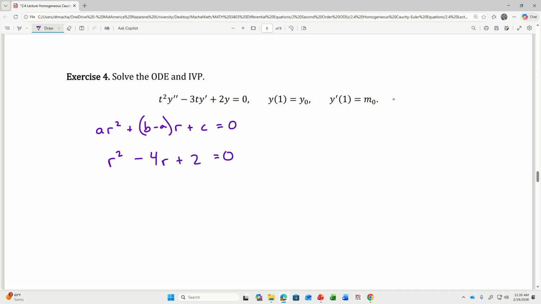And now I can solve this like a quadratic equation.